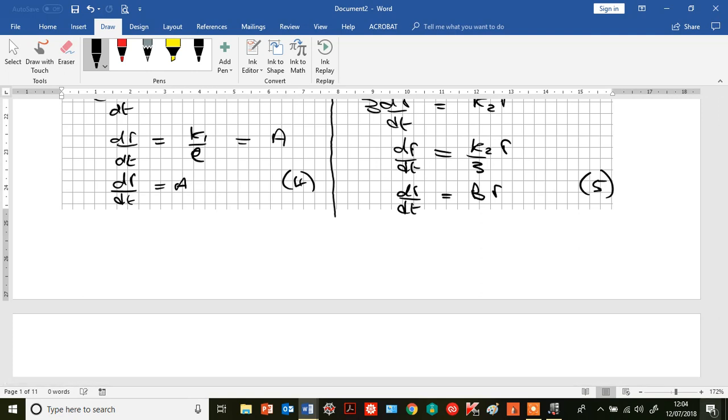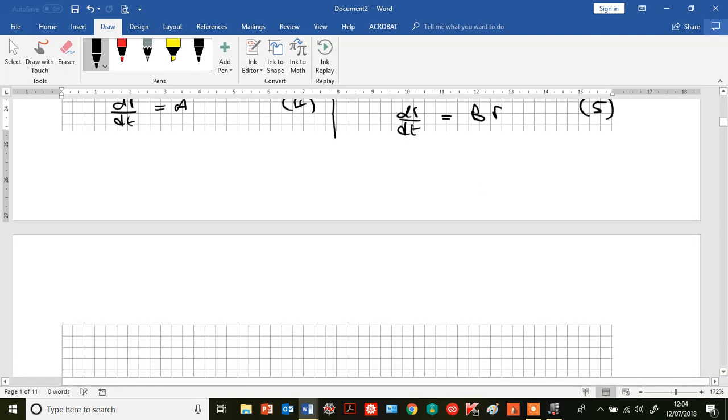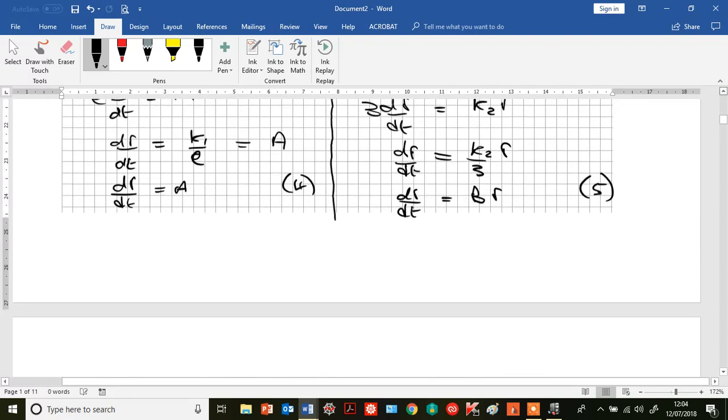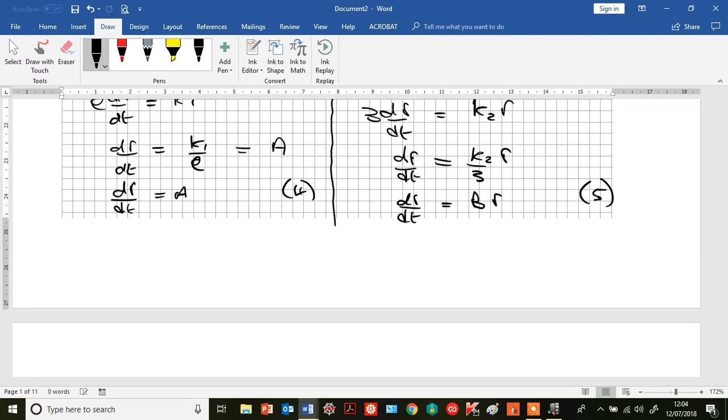And all we do now is, I'm going to call these constants A1 and A1 there, and I'm going to call that B2.